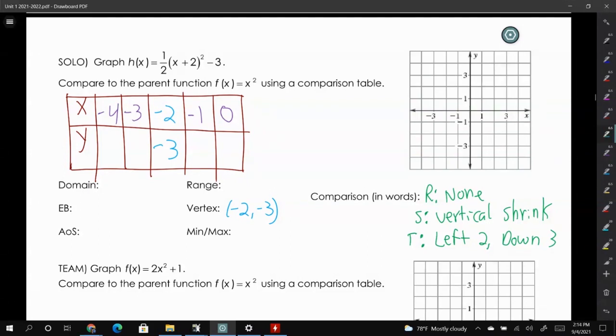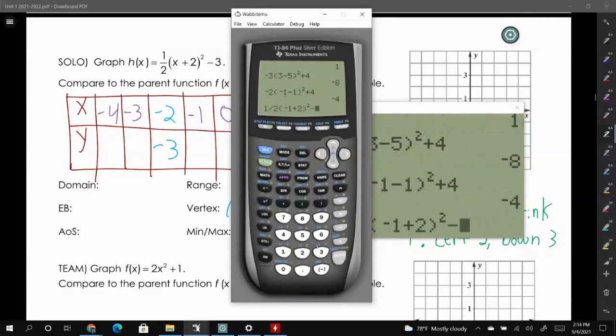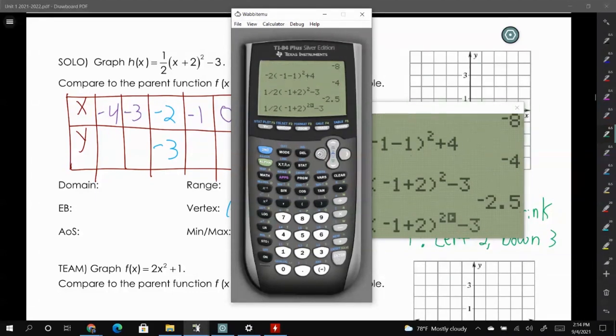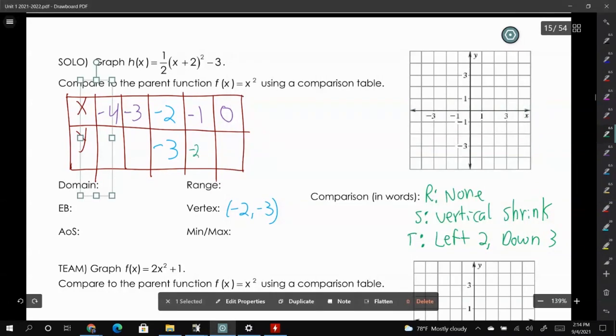If we plug in -1, see 1/2, parentheses, -1 plus 2 squared minus 3, we get -2.5. Now if we plug in 0, we get -1. So -2.5, -1.